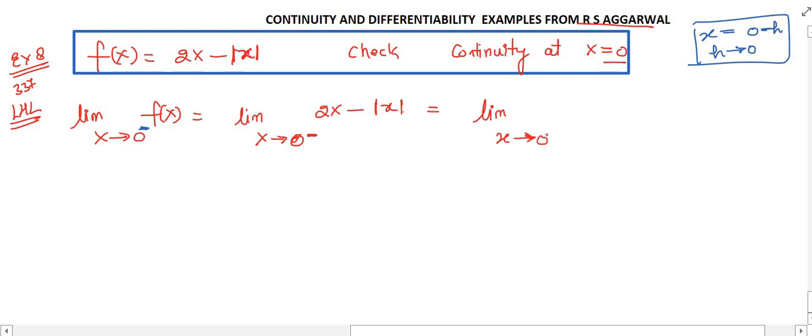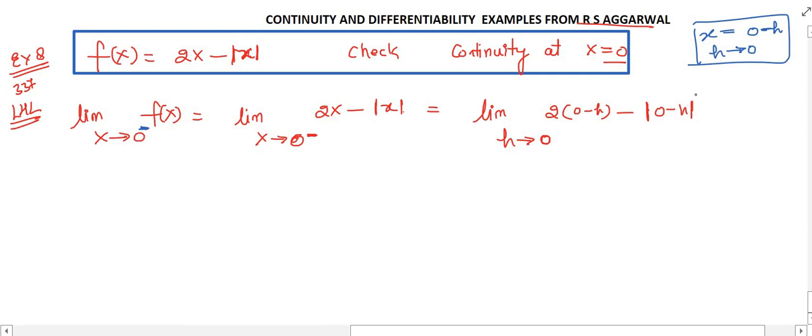So x is tending to 0 minus. Because we are using the h method, the limit will change. h is going to 0 and 2x will be replaced by 2 times 0 minus h, minus mod of 0 minus h.